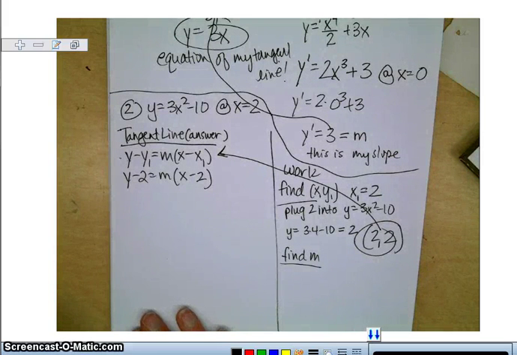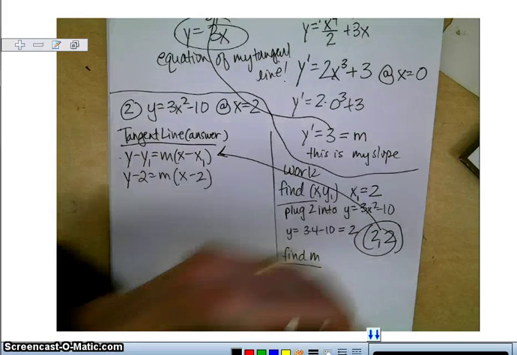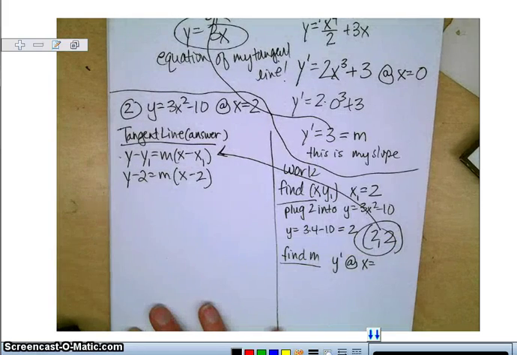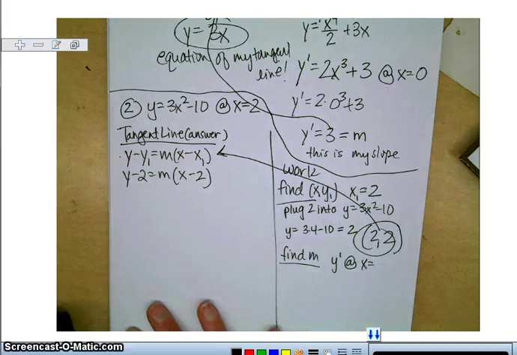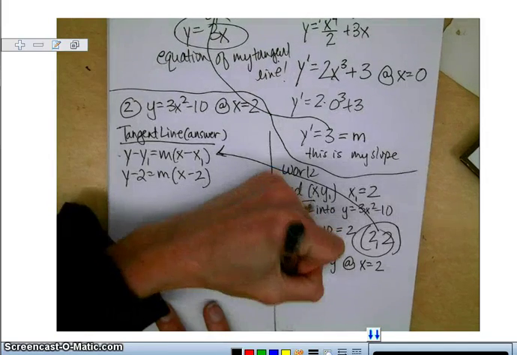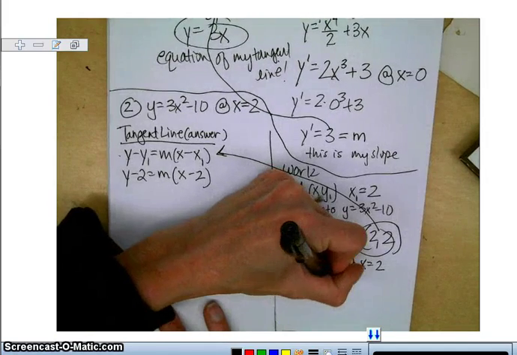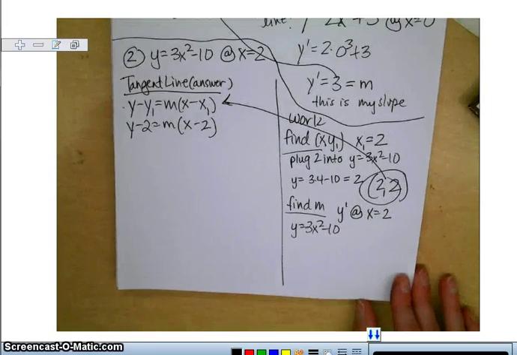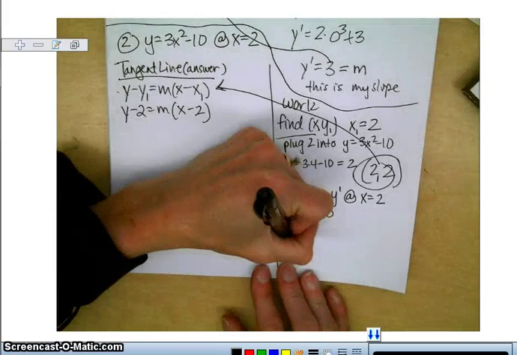Now how do I find m? y prime at x equals what? x equals 2, whatever our x value is. So here's y equals 3x squared minus 10. What's the derivative of 3x squared? 6x.